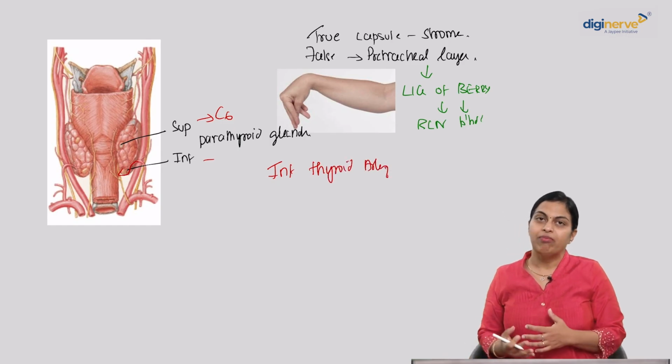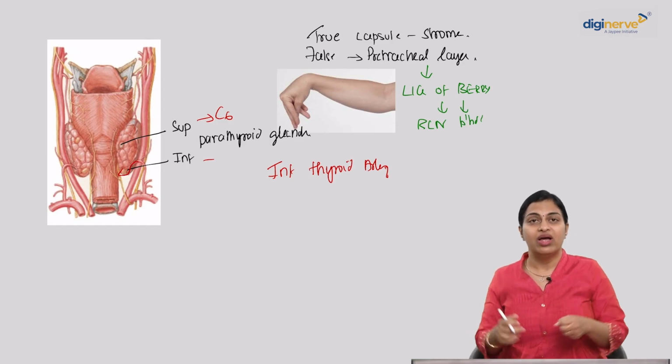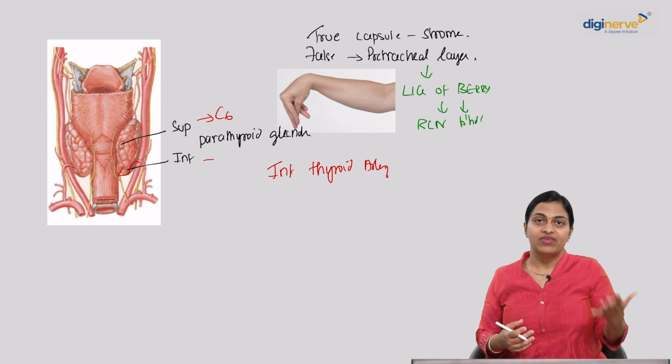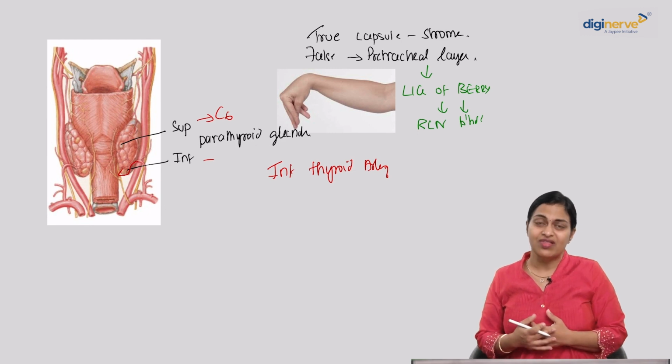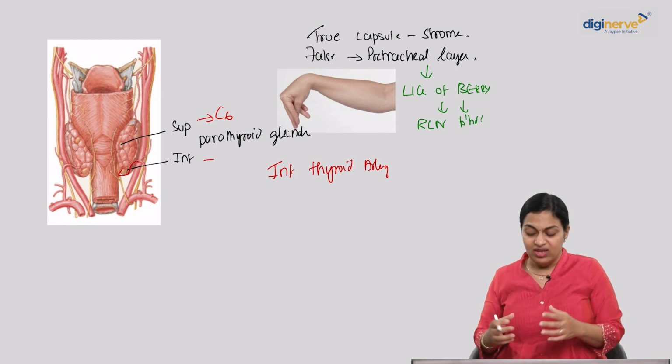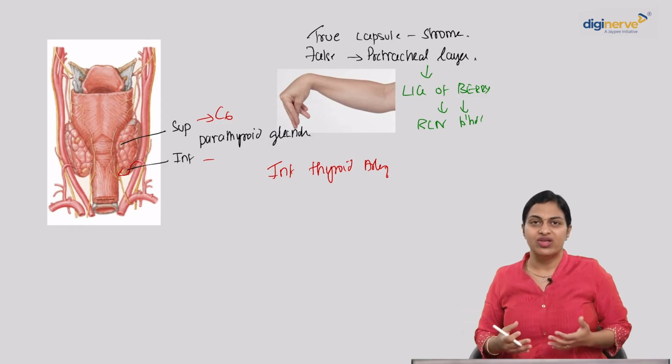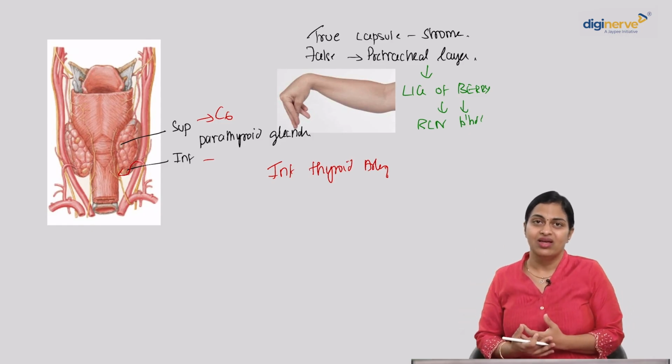We saw what will happen when there is injury to the external laryngeal nerve while trying to ligate the superior thyroid artery, or injury to the recurrent laryngeal nerve while trying to ligate the inferior thyroid artery. Similarly, during thyroid surgeries, the parathyroid looks like a flat tissue on the posterior surface. It can be accidentally compromised with the tumor tissue or something.